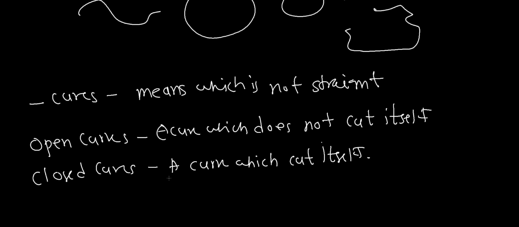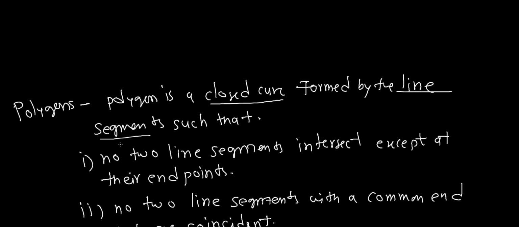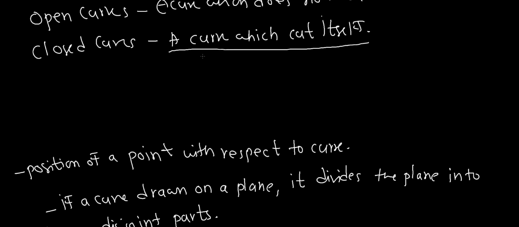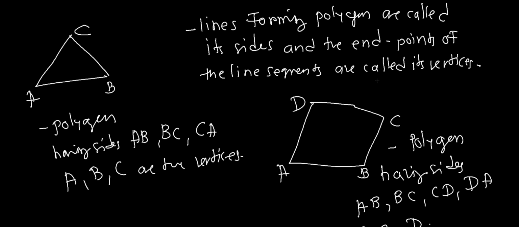Here we said a closed curve is a curve which cuts itself, and an open curve does not cut itself. Polygons are closed curves. If we take the total shape into consideration, it is not straight, it is made up of line segments. But we can go deeper in inquiring what a polygon actually is.